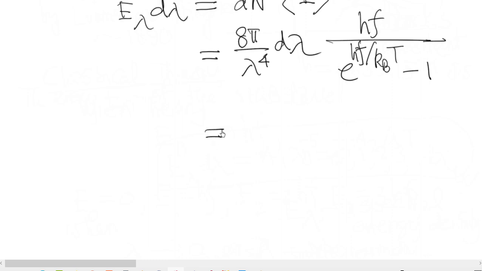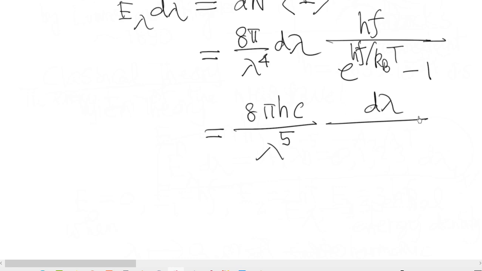which can be simplified, and this is 8 pi hc divided by lambda to the power 5 d lambda divided by e to the power hc by lambda kBT minus 1.